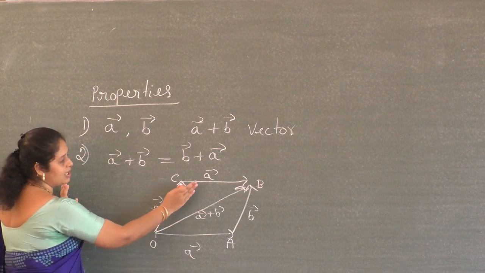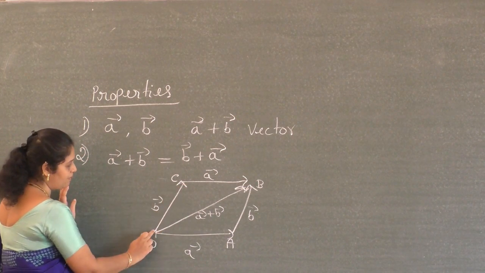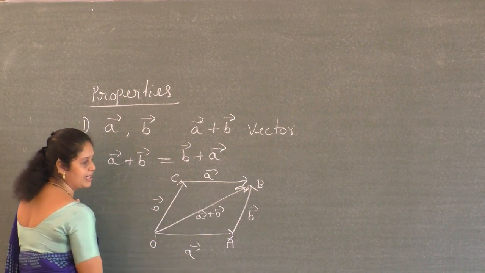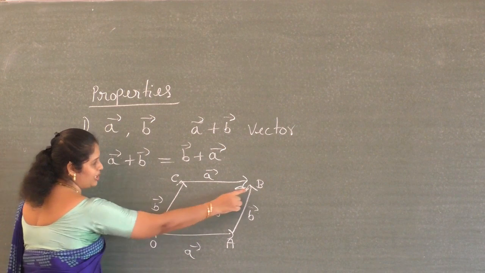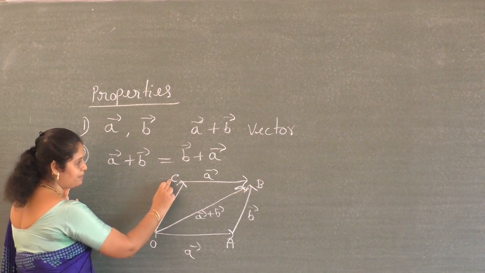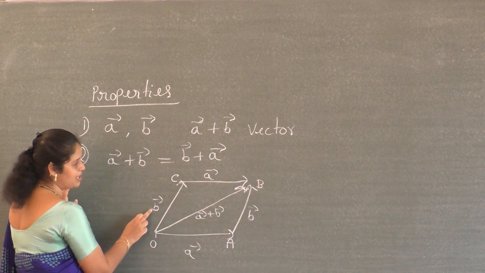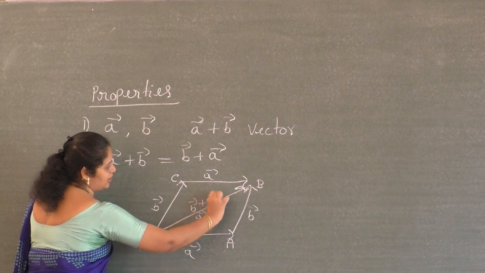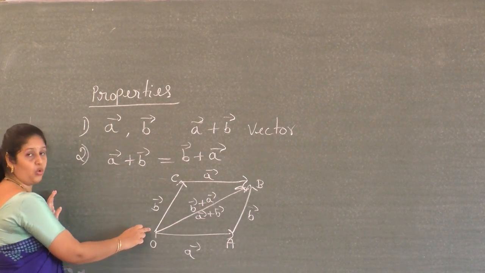Similarly, if I take this triangle, vector OC plus vector CD, adding them we get vector OB. So vector OC plus vector CD means vector B plus vector A, which is vector OB.